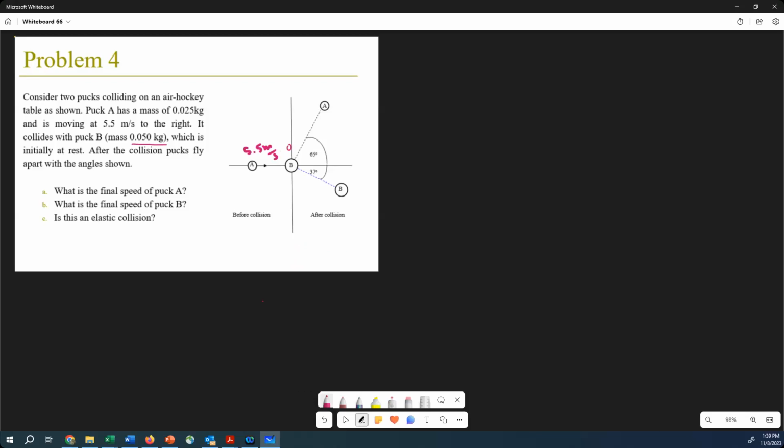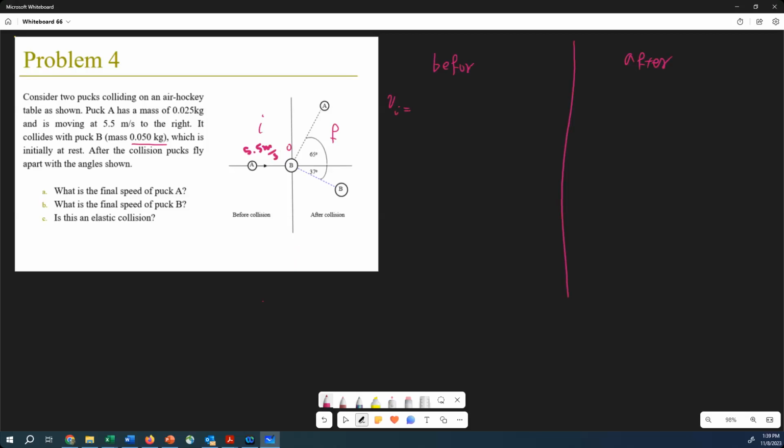Okay, let's go over this problem, because we don't have time. Before collision, I call I, and after collision, F. What is the initial velocity before?